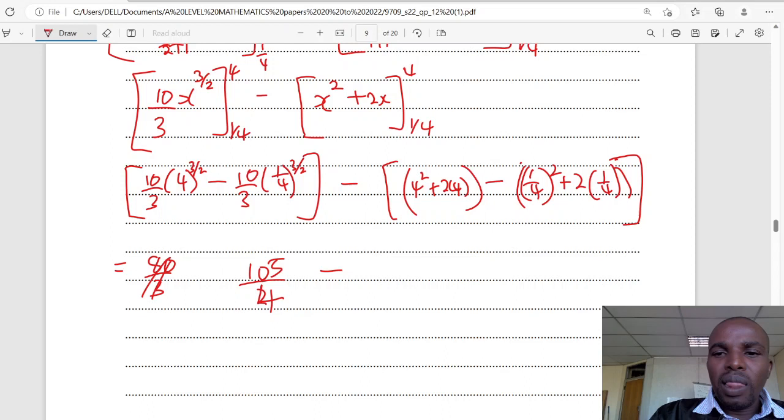Then minus 1/4 squared, which is 1 over 16, plus 2 over 4, which is 1 half, or 0.5. We get 375 over 16.